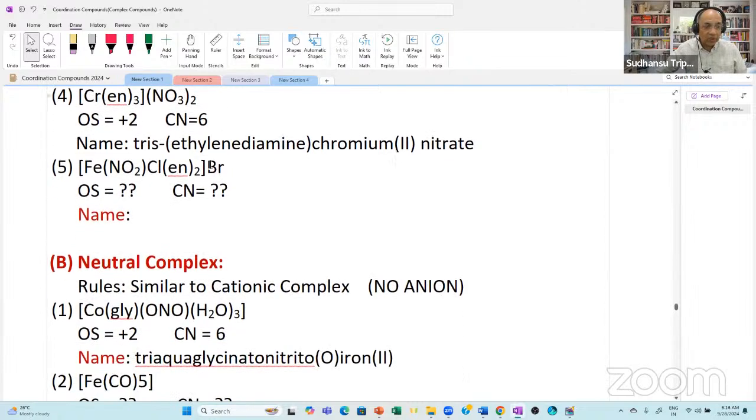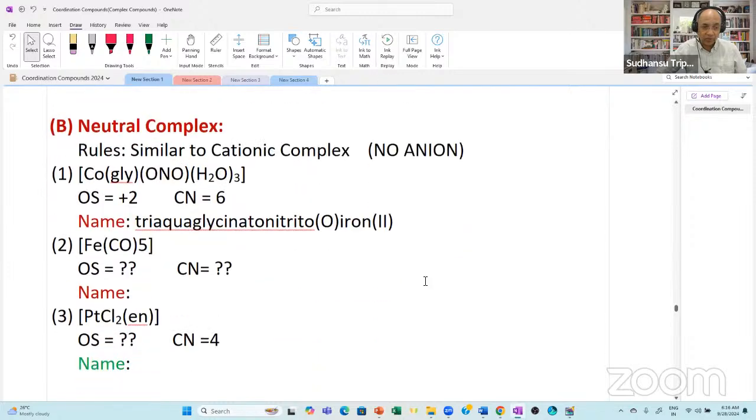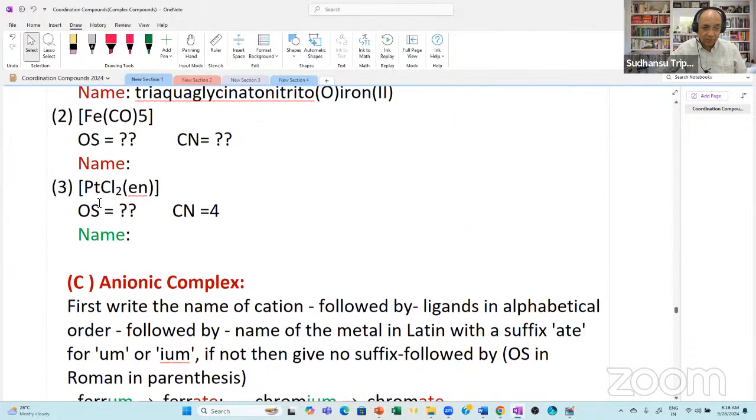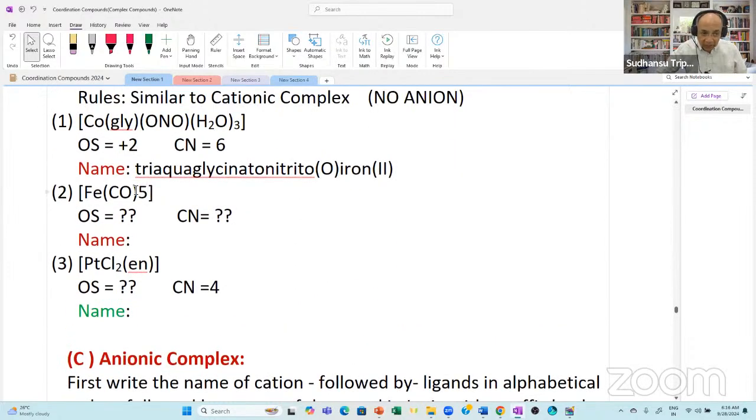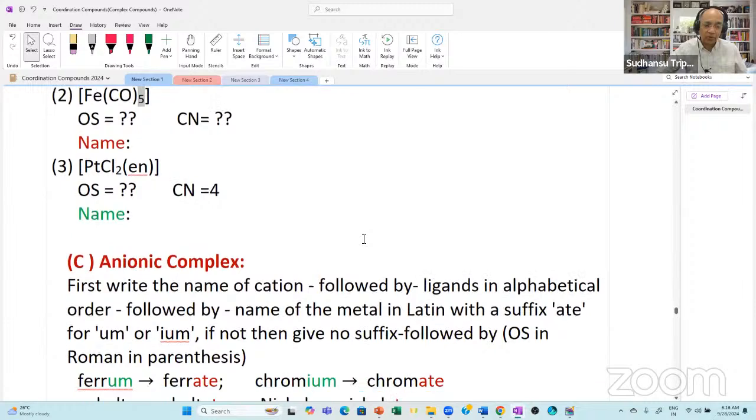These I have written the name. This is tris. This is a cationic complex with 3 ethylenediamine. So tris(ethylenediamine) and chromium(II) nitrate. So you practice neutral complexes. You practice those which you have not done in our program. You do it from this file. Even if some names are already given, you don't look at my name, you write of your own.